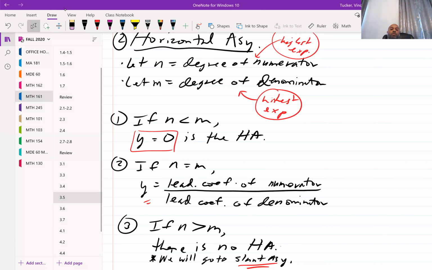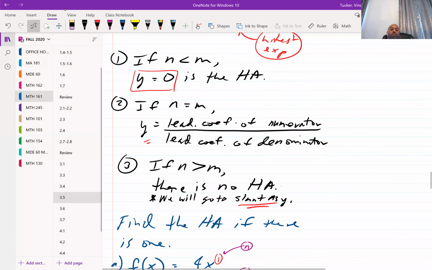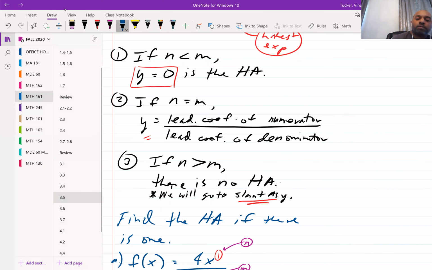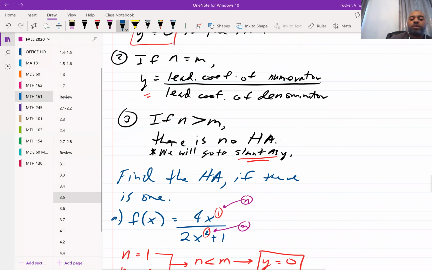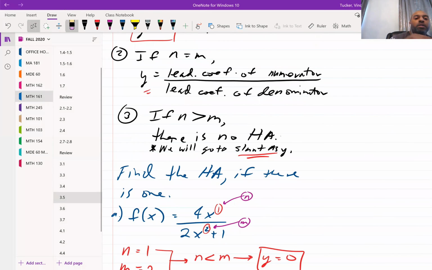All right, let's roll up. So here we want to find the horizontal asymptotes, if there is one, or if there are any. f of x is equal to 4x over 2x squared plus 1.